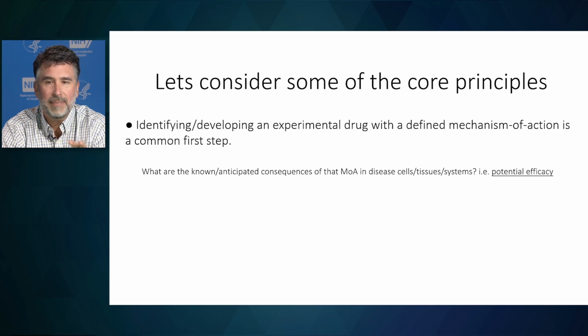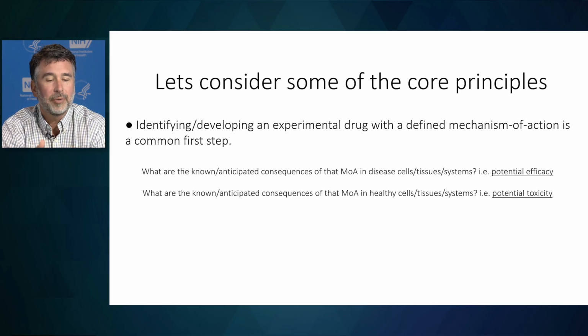Within that mechanism of action, that's when we start to track a lot of these types of data. And we try to anticipate, before we even get started, what are the potential consequences of that mechanism of action, of inhibiting that enzyme in a disease cell, in tissues, in the system at large. Because it's within those anticipated consequences of inhibiting that enzyme or activating that receptor that lay the groundwork for the potential efficacy of a future drug.